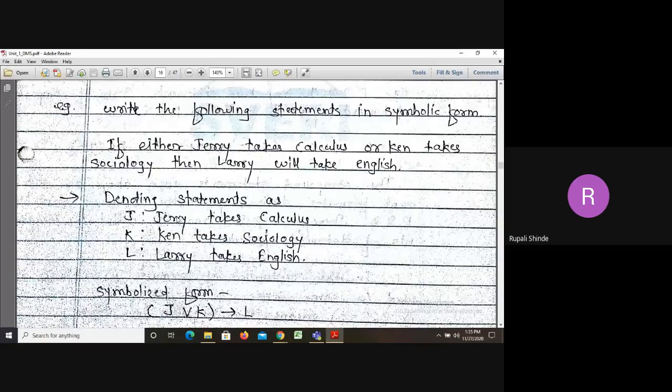Then again here the if-then form is there. So if-then means what? Conditional. So we have written here conditional. And the last one is Laurie takes English, and for this one our variable is L. That's why its symbolic form is J or K implies, or we can say conditional, L. This is the symbolic form.